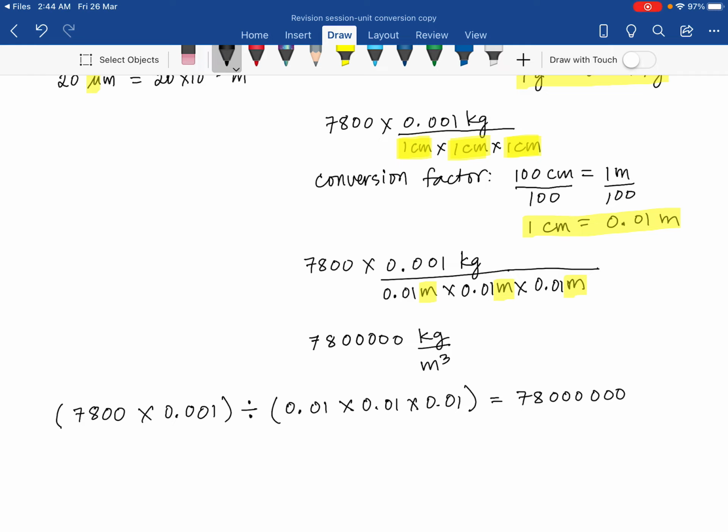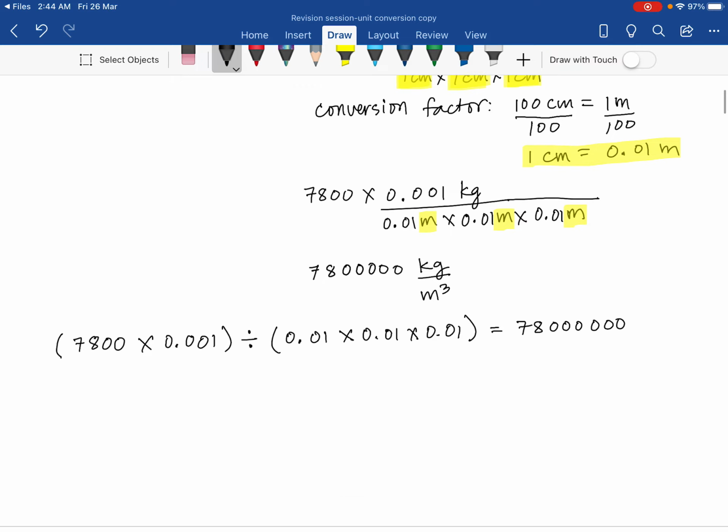Okay, so one other question that was asked was converting this to scientific notation. So if you have a whole number, an integer, the decimal point is not shown, but it's implied that it's at the end of the number. So in this 7,800,000, the decimal point is implied to be at the position after the last number.